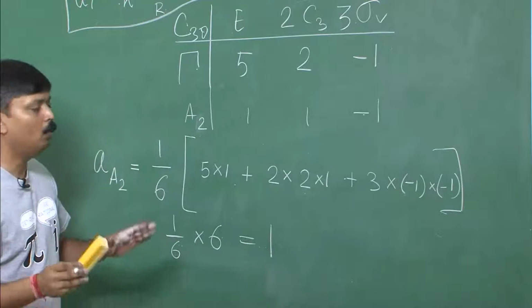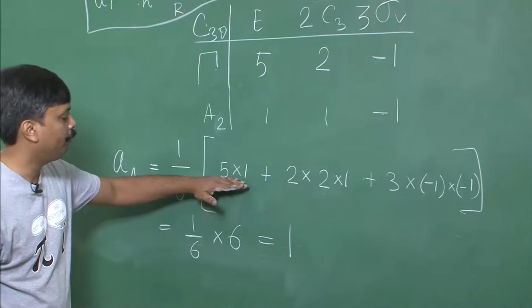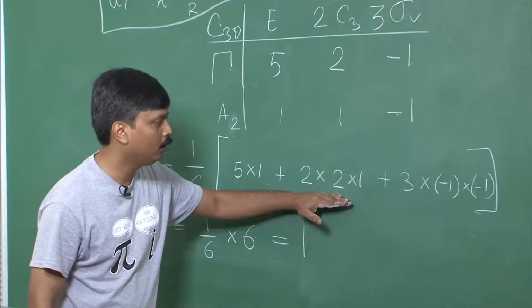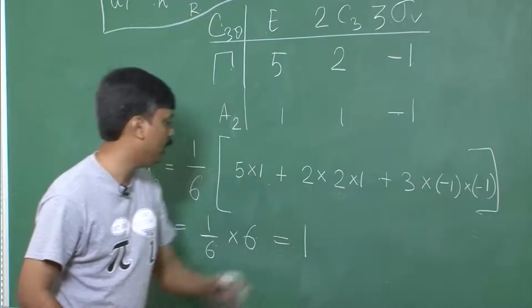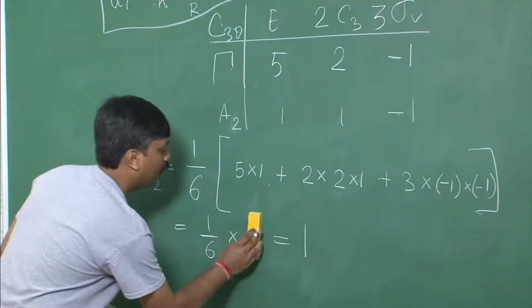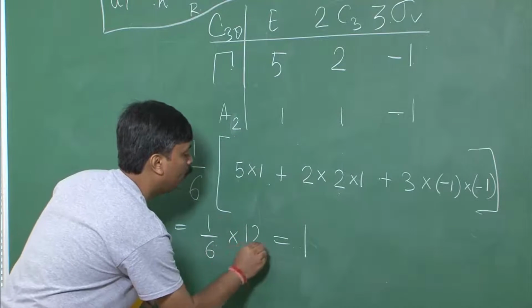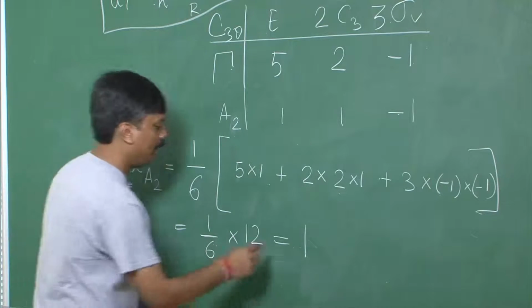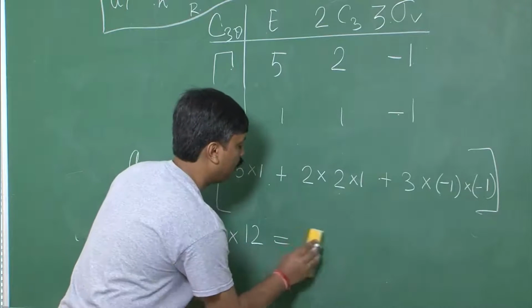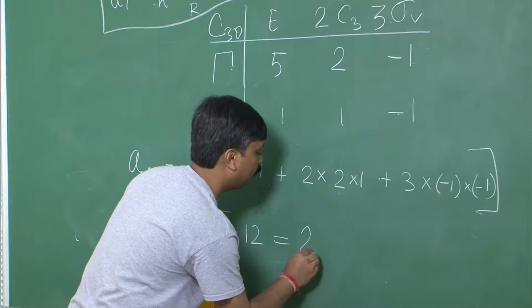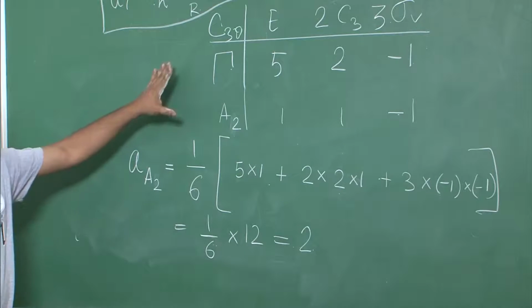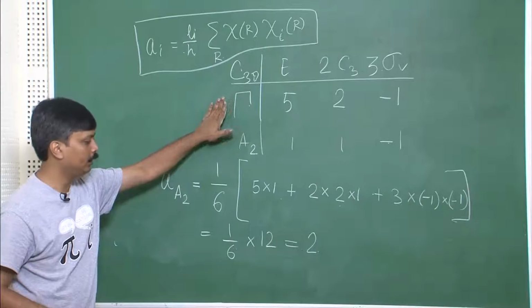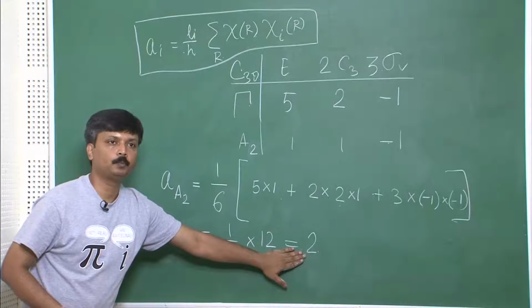So now what I have is 5 plus 4 minus minus plus, so I have plus 3, so I have 12. So for A2 I have 12, correct, and therefore number of times A2 will be present if I reduce this particular representation is 2.